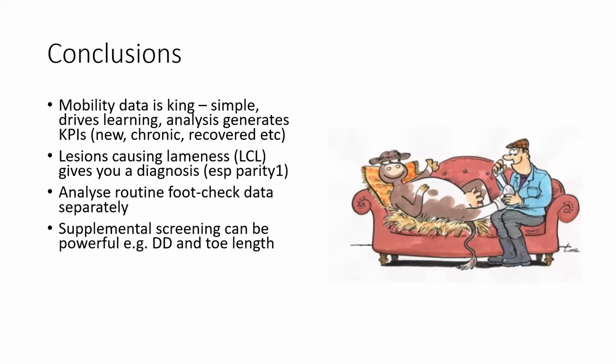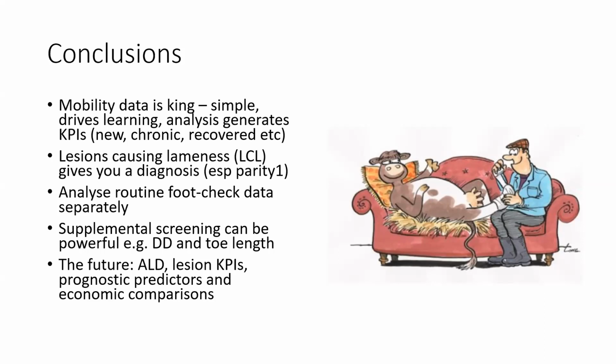And we can add some supplementary data in the form of digital dermatitis screening or toe length scoring or hock scoring in order to understand some of the additional dynamics and risks going on the farm. And I think that the future looks really exciting. We have well and truly come out of the dark ages, I think, but let's not kid ourselves.